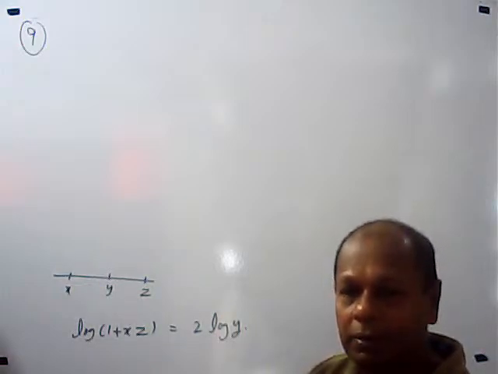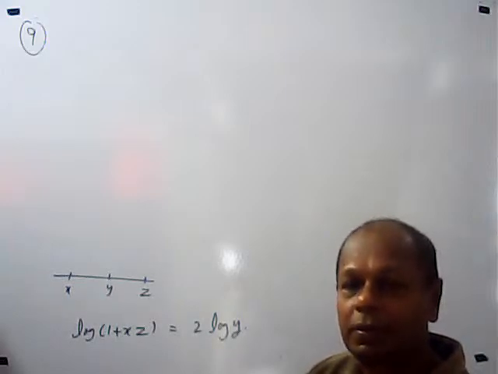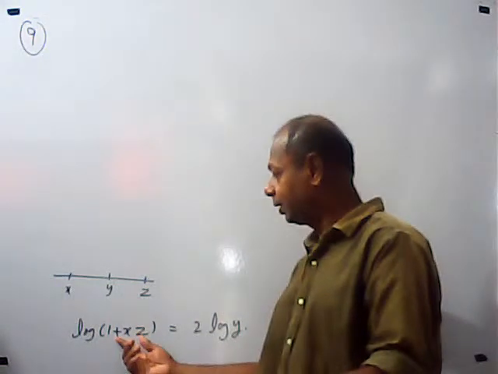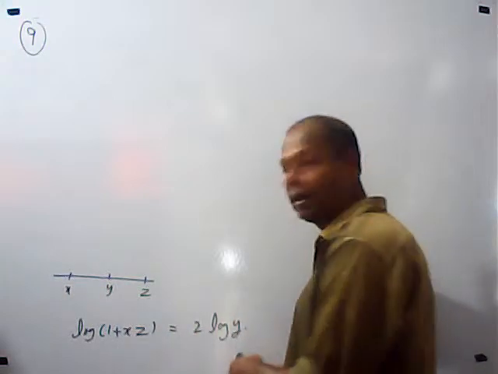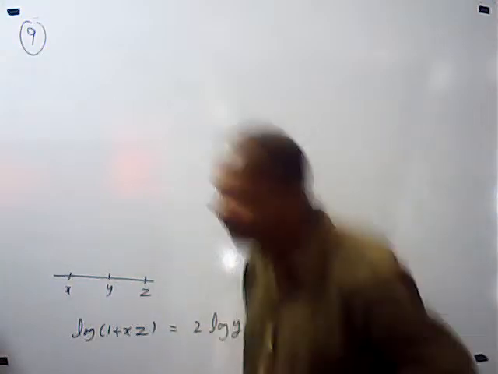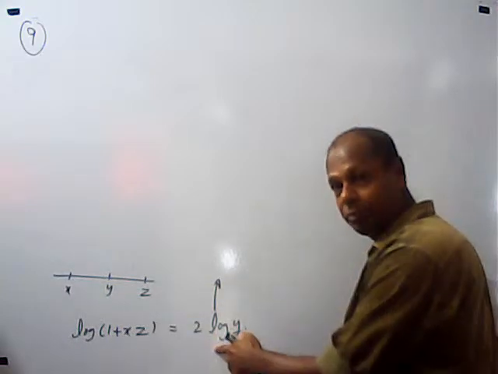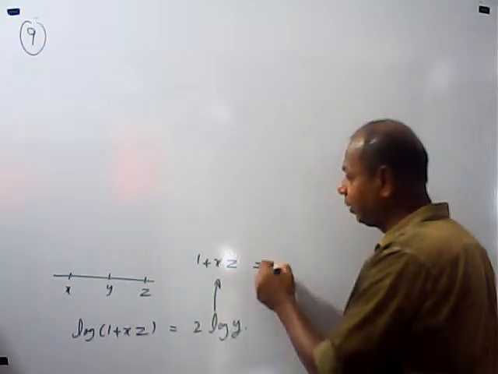So you can start it like this. It looks like we have to express x and z in terms of y. As the student says, the step before this is 1 plus xz equals y squared.